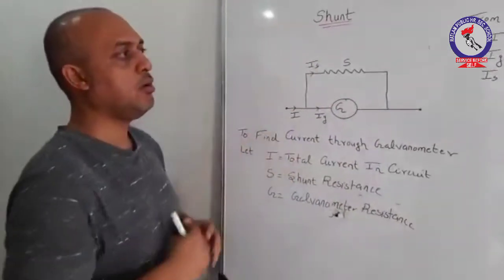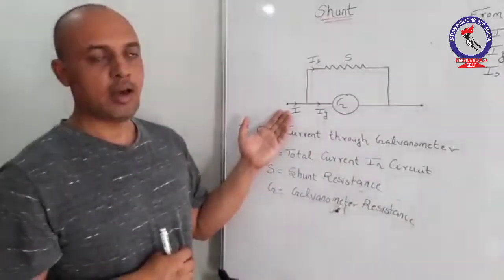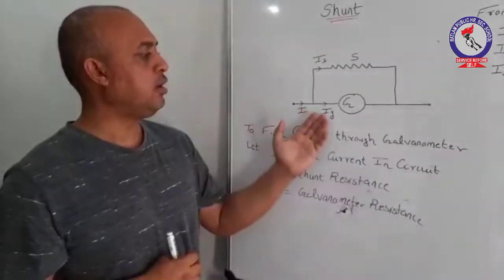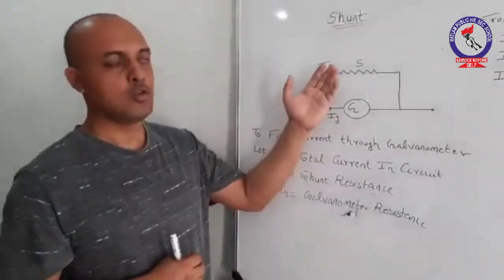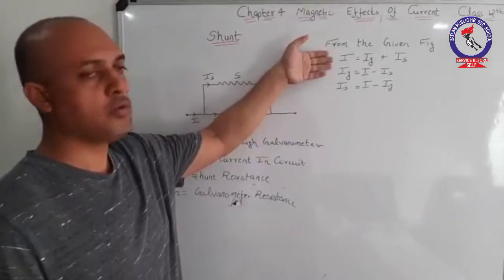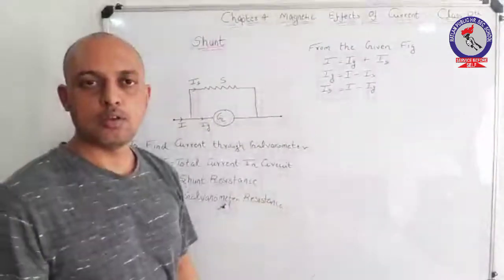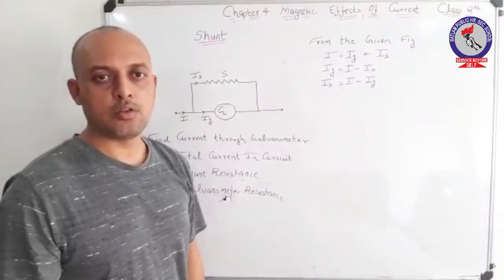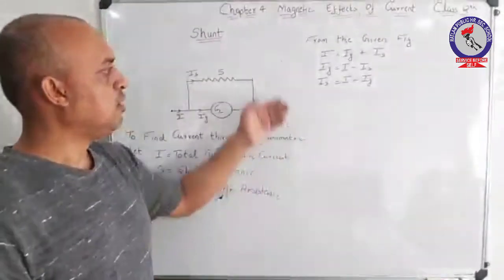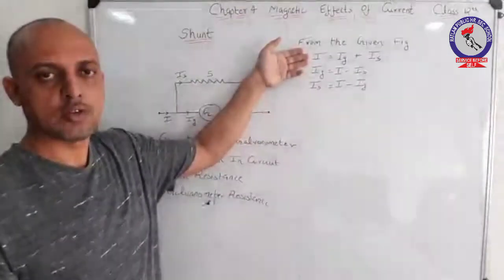Applying KCL onto this section, you can observe that the total current I has been split up into Ig and Is. So from the given circuit, I can write this equation as I equals Ig plus Is. This equation has been written with the help of Kirchhoff's current law or KCL.